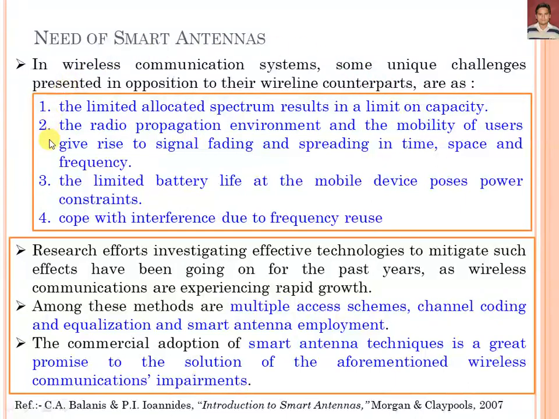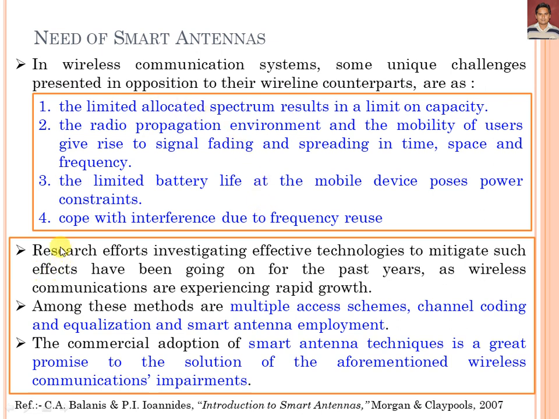These challenges are: the limited allocated spectrum limits the capacity of the system; the radio propagation environment and the mobility of users give rise to increased fading and spreading in time, space, and frequency; the limited battery life of the mobile device causes power constraints; and coping with interference due to the frequency reuse concept. These are the four challenges which we have identified in wireless communication systems.